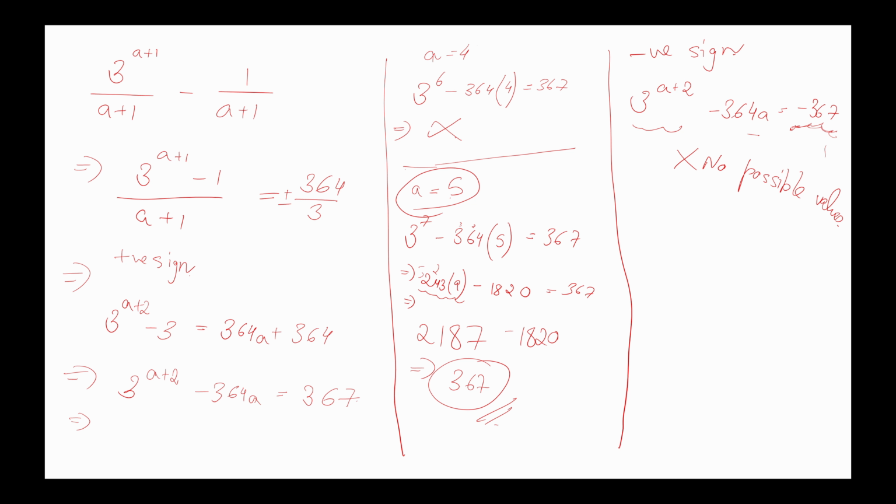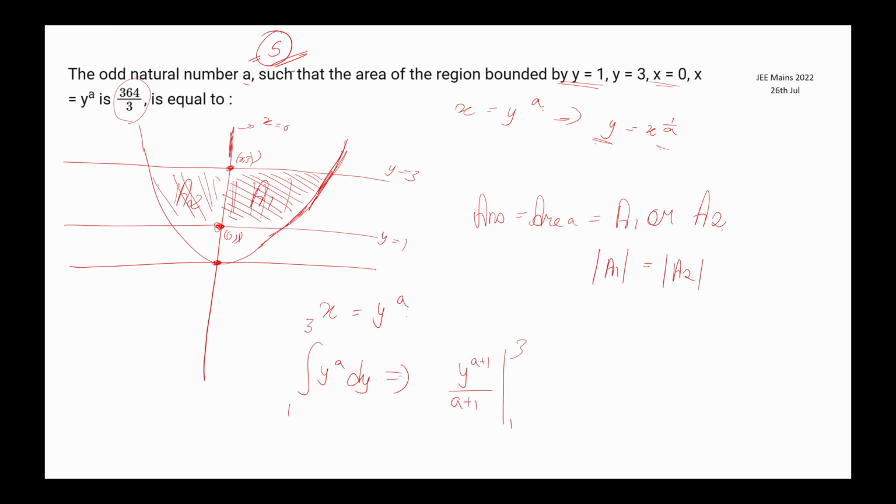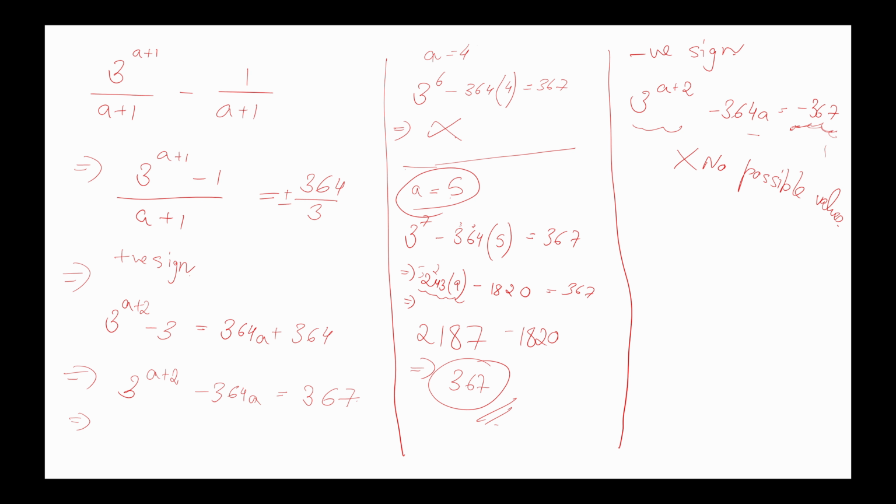Once you consider both the areas, you get an equation. They have given us the value of area as well, and once you get the equation, the difficult portion of the question actually starts, where you have to hit and trial and find out the value of a. So you simply assume a value of a, let's say I chose 4, you could have chosen 6, or let's say 3.